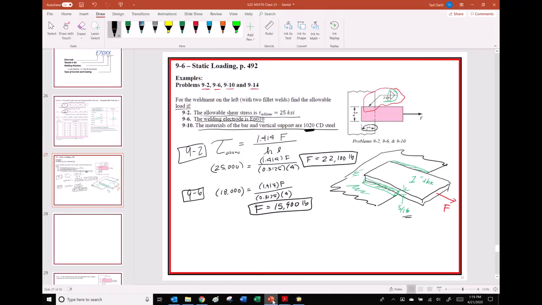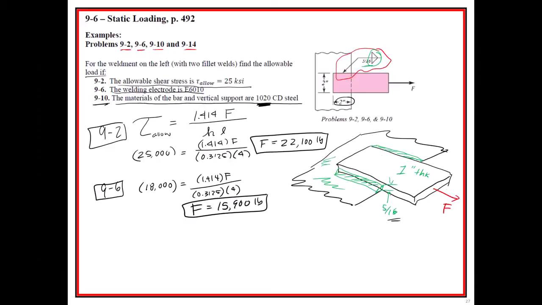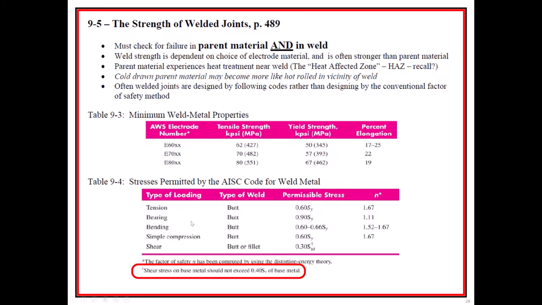So in problem 9.10, I wrote on that thing accidentally again. We need to adjust our strengths. So our tau allowable, we have a couple different choices. First off, we're coming back over to here. This is what we're basing this on. We're saying we're in shear and we use 30% of the ultimate, but you see the little cross thingy down here.